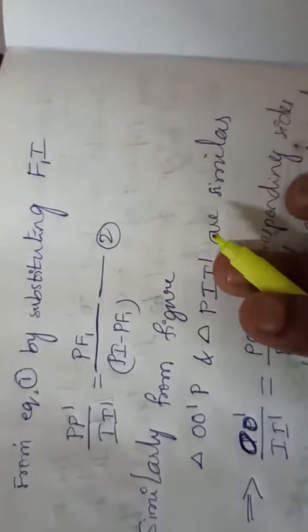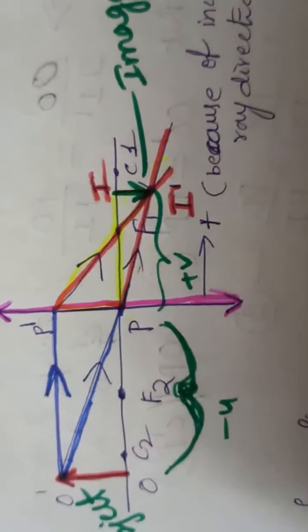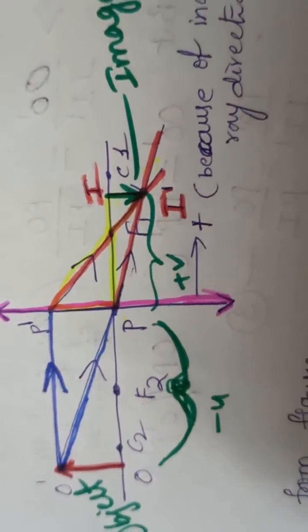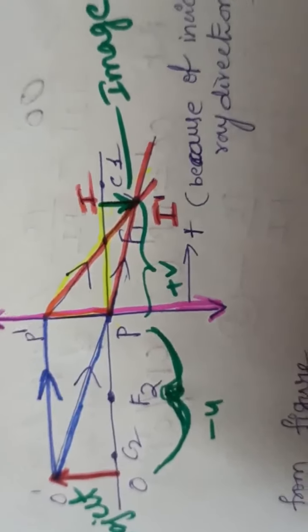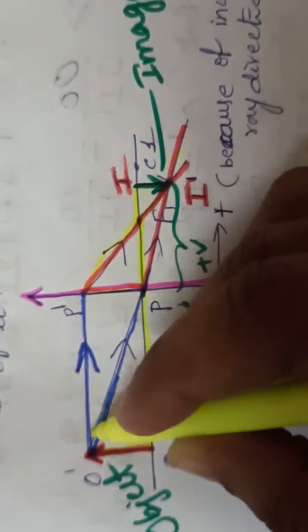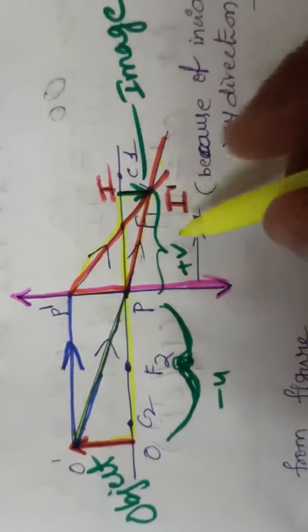Similarly from the figure here, O dash P. And one more triangle I am considering, children, the right angle triangle PI dash. So these two triangles I am considering now. This one and PI dash. Here I am using this figure, children, because I am turning the paper.